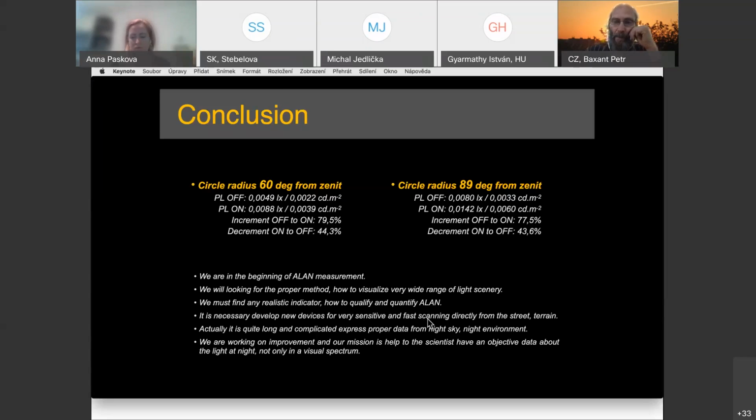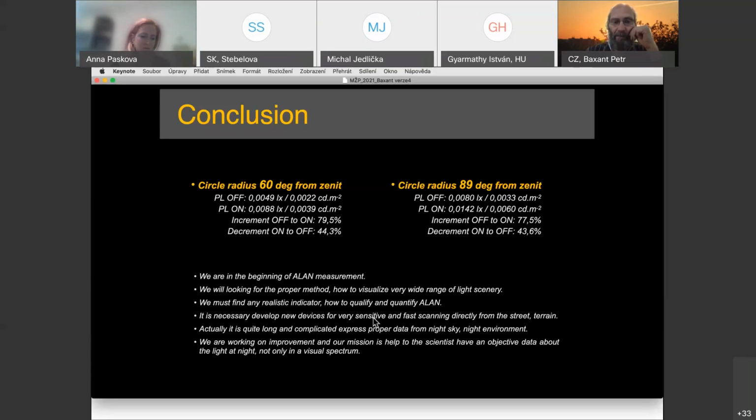We want to start some terrain scanning and make a database of terrain measurements in the Czech Republic, minimally around Brno, and I'd like to visit many other interesting places in the Czech Republic and try to scan the night situation with our devices.